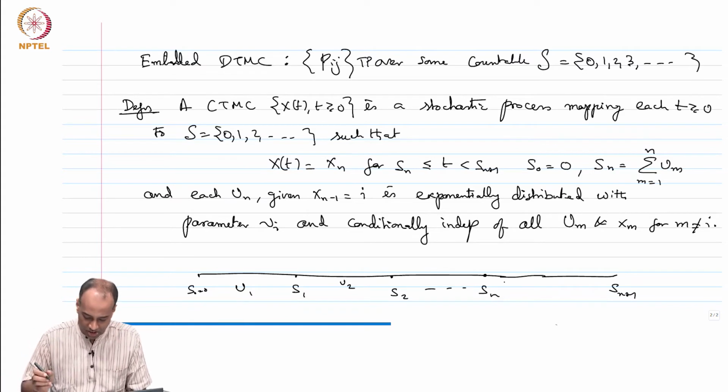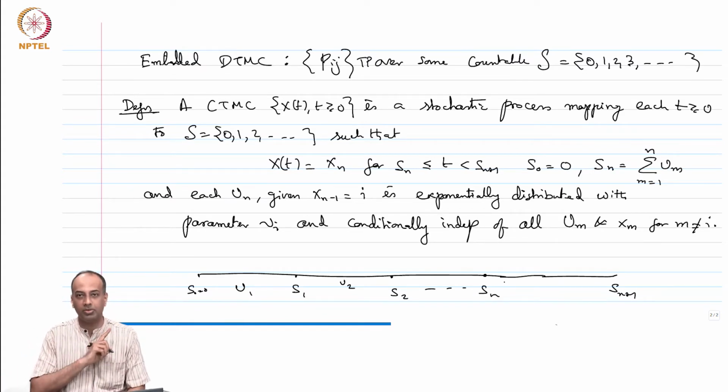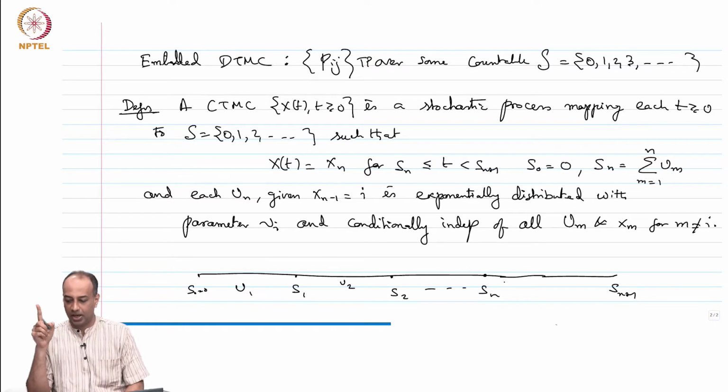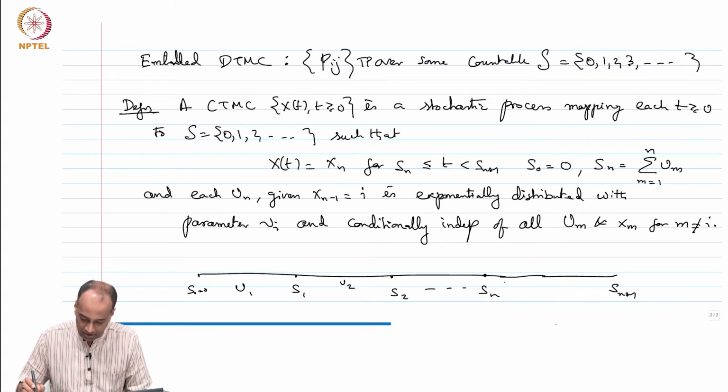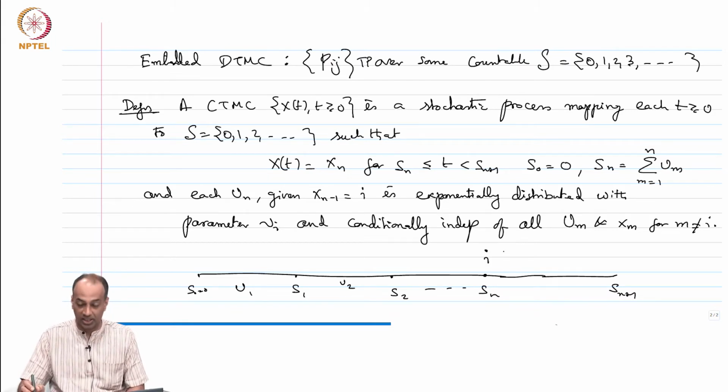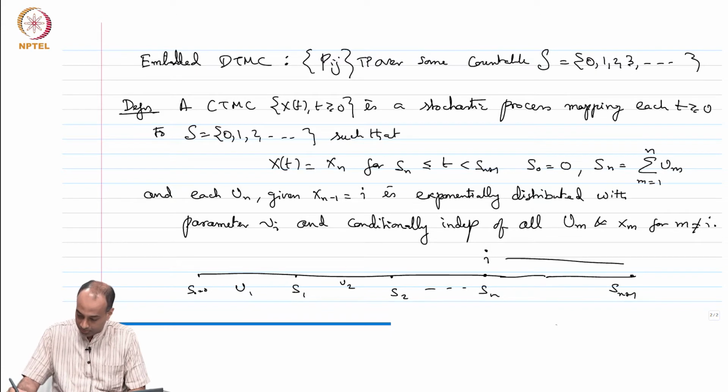Each Sn is equal to the sum of the first n ui's, and each ui, conditioned on the state Xn minus 1 being equal to i, is distributed as follows. If you are in some state i, the underlying embedded Markov chain is in state i, and that is your Sn plus 1, that is exponential with parameter nu i.